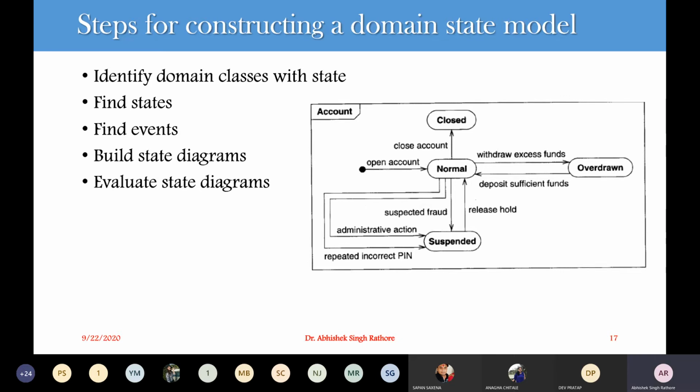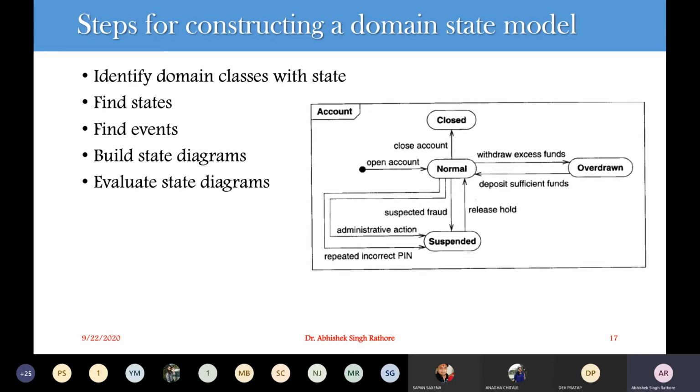When our focus is to identify our states, we don't focus on fine distinctions between the states, such as a quantitative difference like small, medium or large. The state should be based on qualitative differences, like differences in behavior, attributes or association. Take the example of this account again: the qualitative difference is that this account is normal, or closed, or overdrawn, or suspended. A quantitative difference would mean that your account contains 1 crore rupees or 1000 rupees or 10,000 rupees.